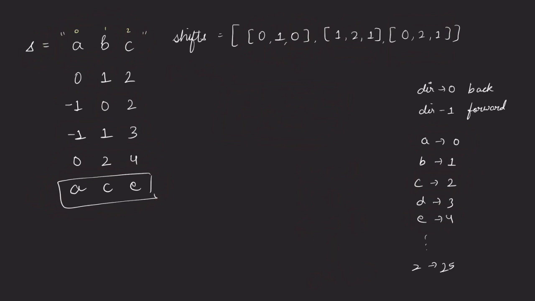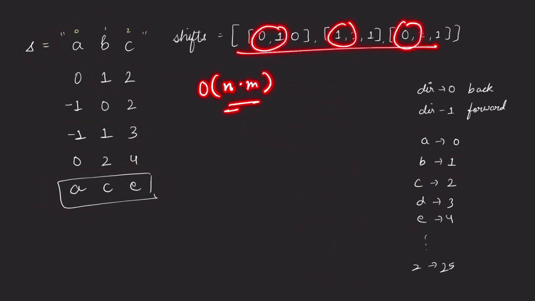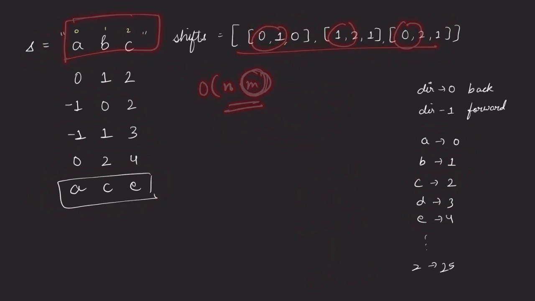But then the time complexity in that case would be order of n, where n denotes the number of shifts, and the range inside could be anything, so let me denote it with m. So it will be n cross m, right? And in the worst case, this m would be equal to the entire string length, which you can see in this particular case, right? It is covering the entire string. So this approach is not efficient. We will have to optimize it.